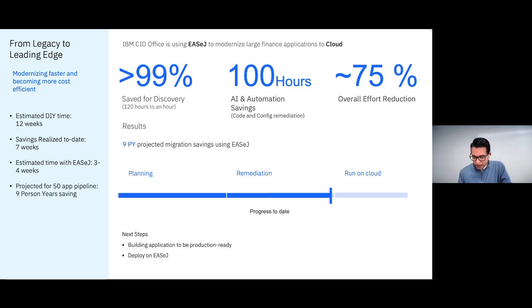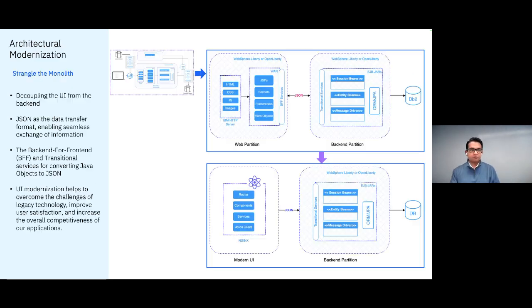With that, I'm going to go into the detailed analysis of architectural modernization. Remember my first chart, where I was showing the tightly coupled monolithic application. The first thing we do in CIO is decouple the front end from the back end.